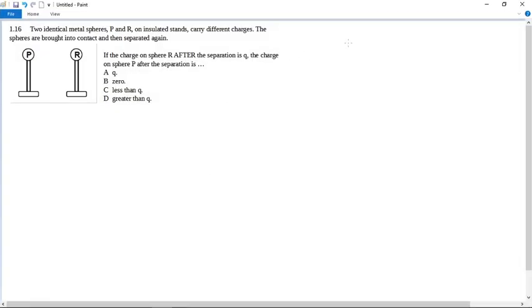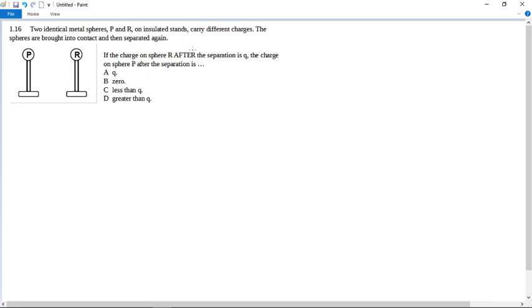And the last question, which is from November 2020, says two identical metal spheres, P and R, on insulated stands carry different charges. The charges are brought into contact and separated again. This is the law of conservation of charge. The net charge in an isolated system remains constant.